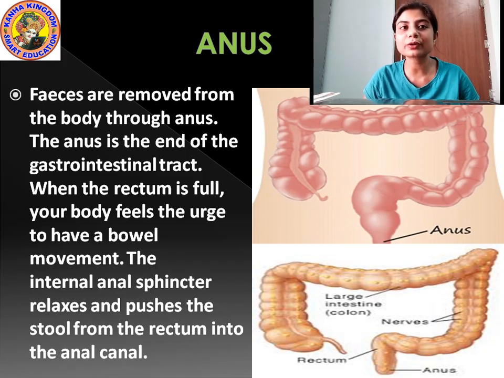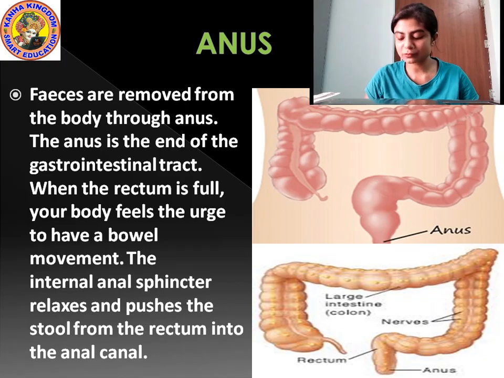And this food is passed from the large intestine to the rectum into the anal canal, from which the undigested food is excreted from our body in the form of stool. Understood? So this is the process of digestion. This is how digestion occurs in our body. Understood?